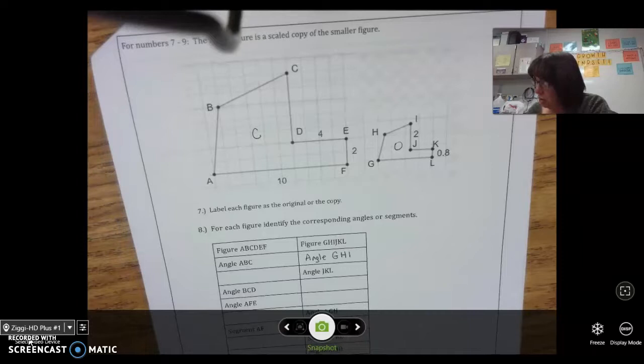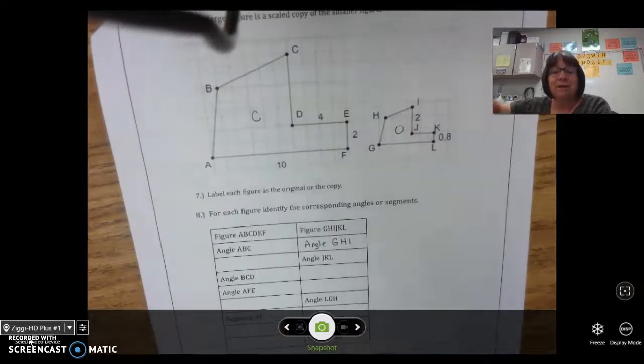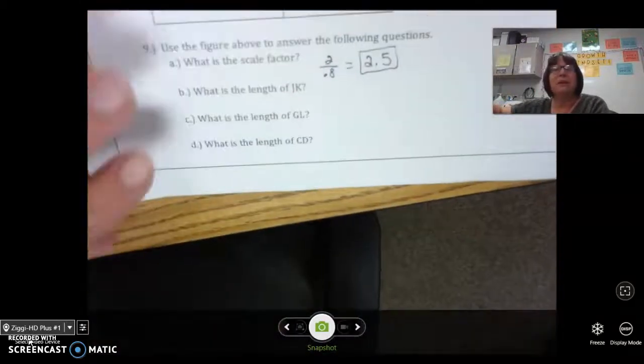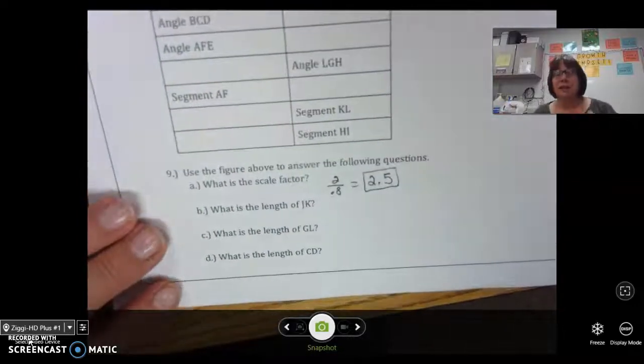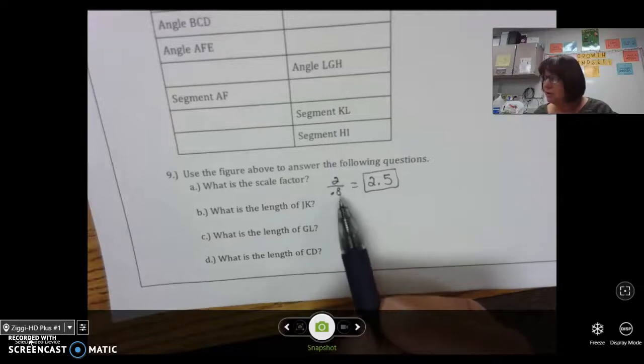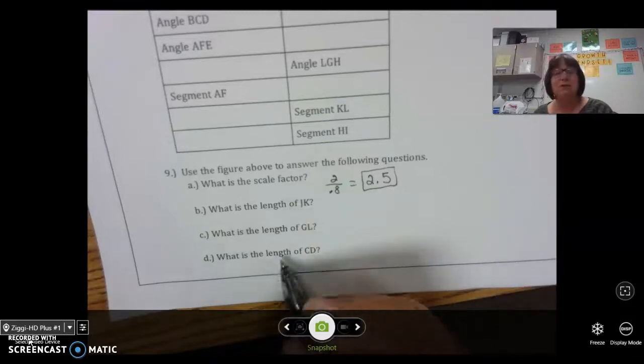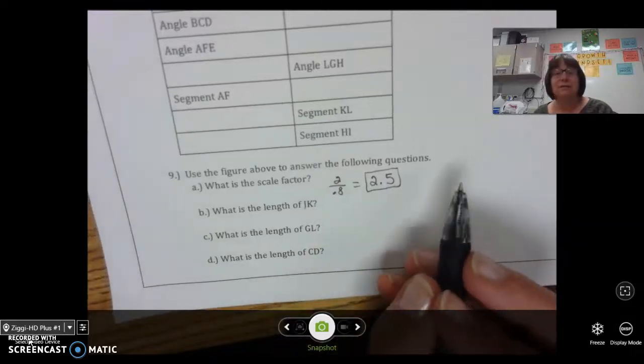And then you can use that scale factor to find the length of each of the sides. Oh, here, let me move this down so you can see where I wrote that. To find the scale factor, always do copy divided by original. And then you're going to find the length of 3 different sides using this scale factor.